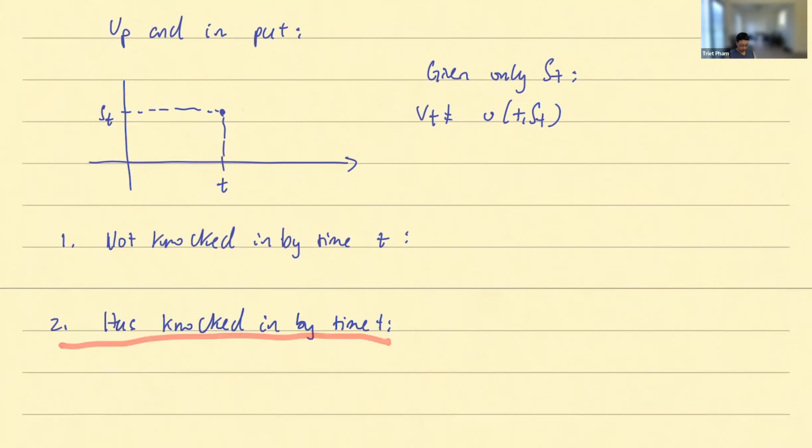Don't bring up formulas when you can. If it has knocked in by time t, what can you say? Actually, both of them can be represented like this. But what's the difference? If it has knocked in, then what can you say about the option?